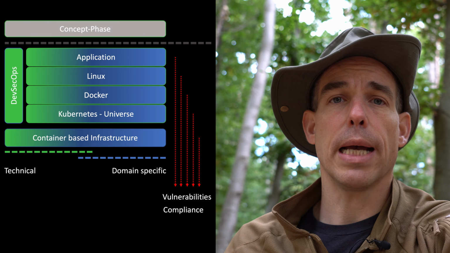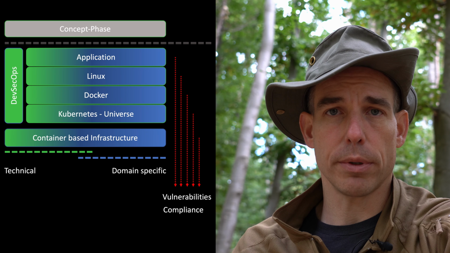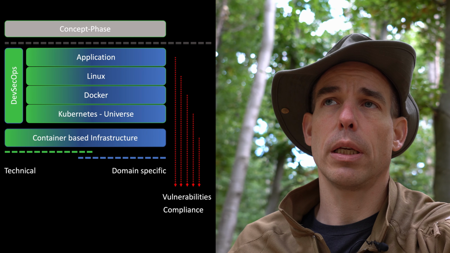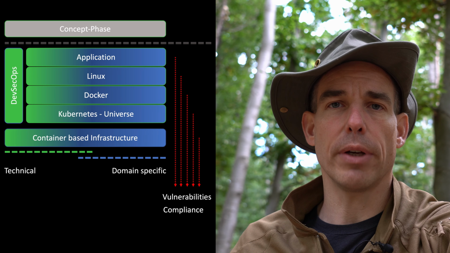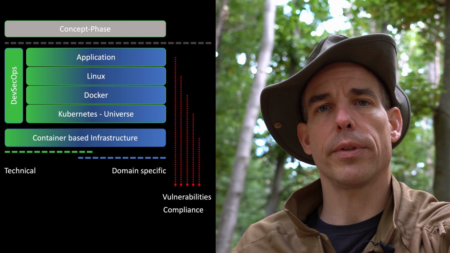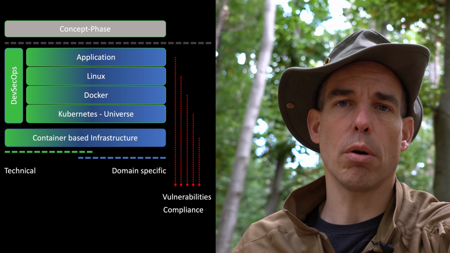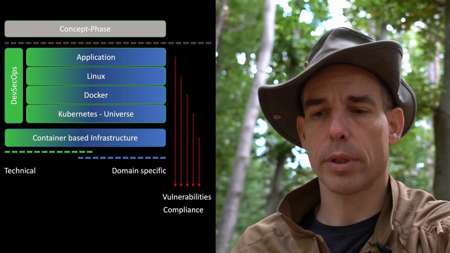What I want to cut out here explicitly is the concept phase. Security is part of the concept phase for sure. It's the same as a good algorithm. If you have a good algorithm developed inside your concept phase, then the technical implementation of this algorithm could be faster or slower, but a better algorithm will always be the winner compared to a not so good algorithm.